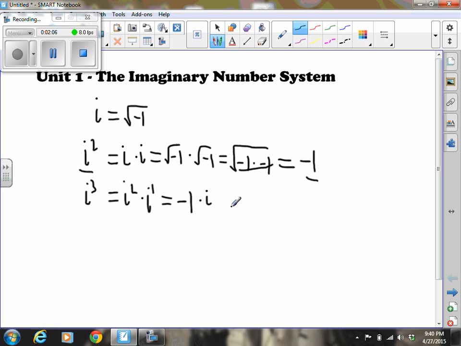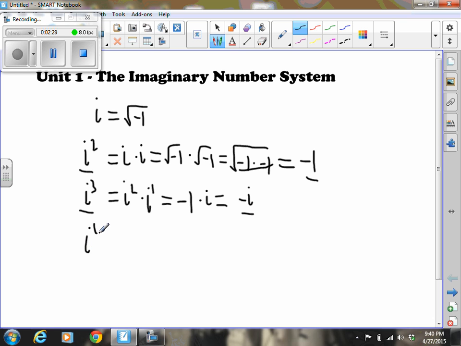And i is equal to the square root of -1, but we're just going to leave it as our base i because that's the base of the imaginary number system. It's okay for me to leave i, which gives me -i. Therefore, i to the third can always be equal to -i, and we'll always replace it as such.